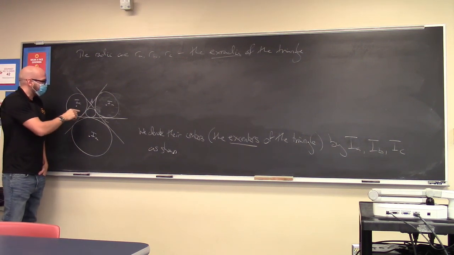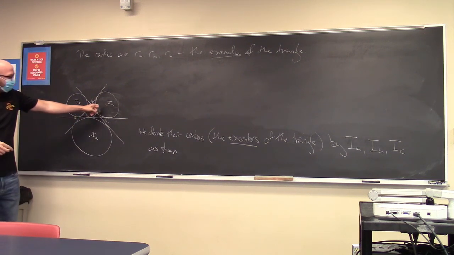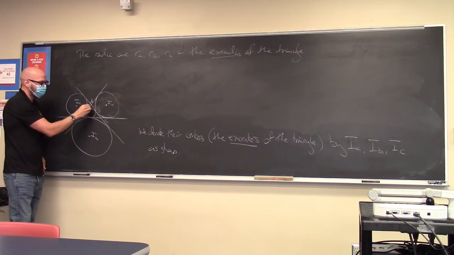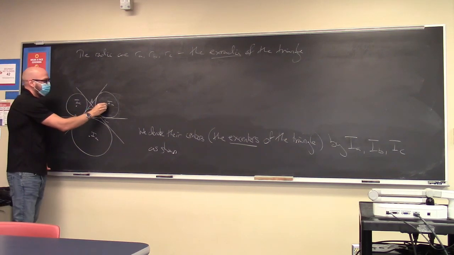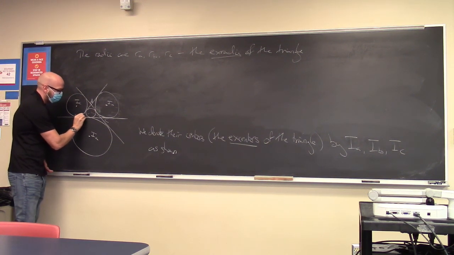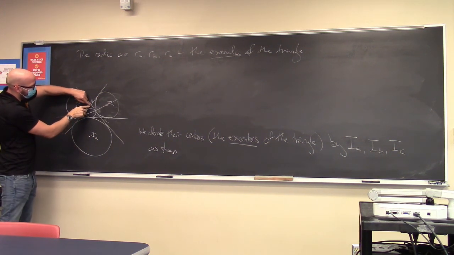You might have noticed when I was trying to draw these, I was sort of trying to figure out where the centers would be. It turns out, where's the center of the incircle? It's the point of concurrence between the three angle bisectors, right? These are the internal angles.